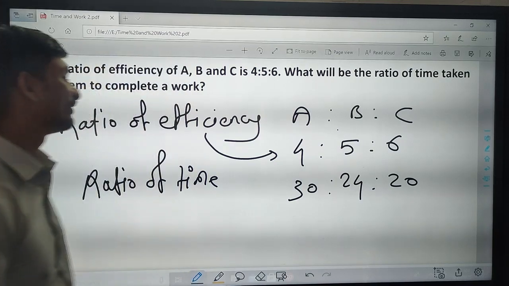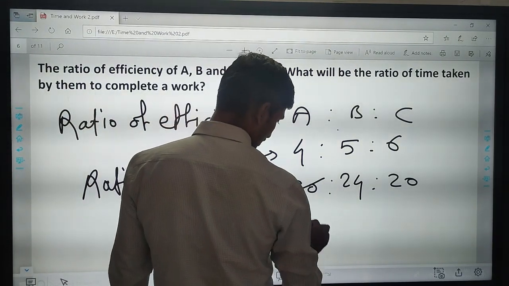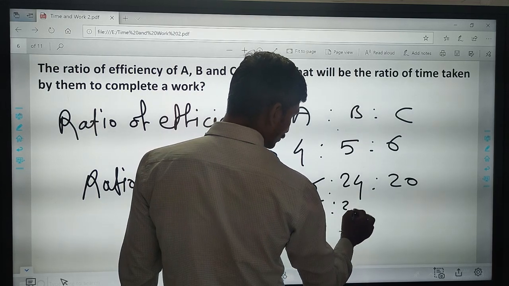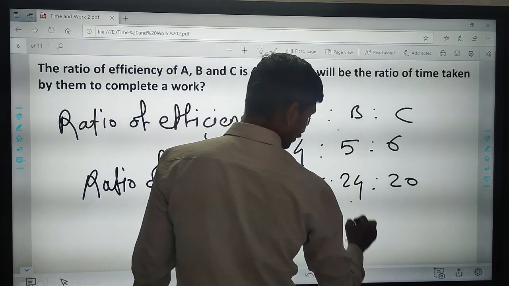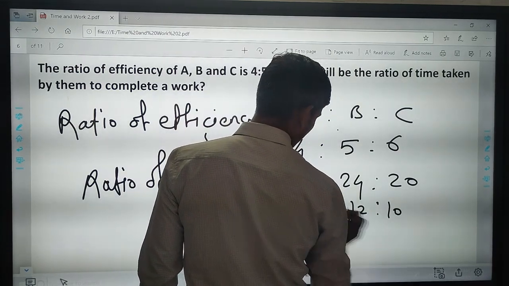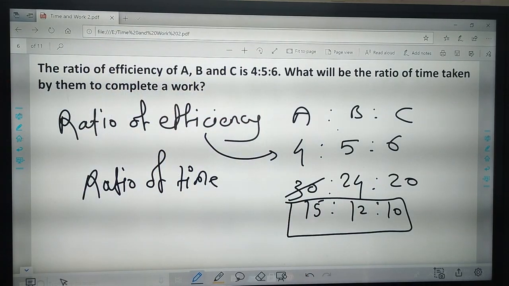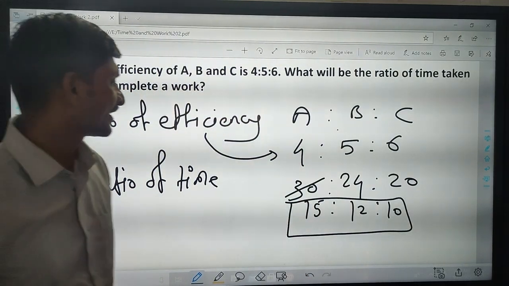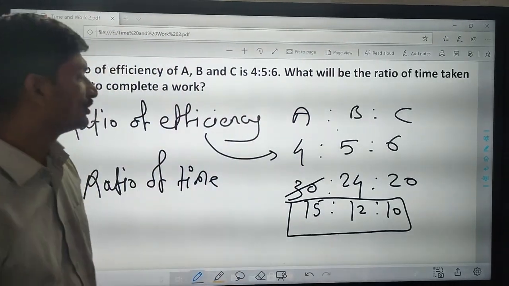Now we divide by 2, then 15 to 12 to 10. Then the ratio of time taken by them to complete the whole work is 15 to 12 to 10.